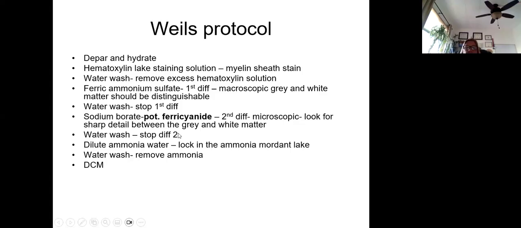If it's not very sharp and detailed between the gray and the white matter, then you can go back into your potassium ferricyanide. Then we're going to go into a dilute ammonia water. That ammonia is going to lock in that mordant lake. Then you're going to water wash to remove the ammonia, and dehydrate, clear, and mount.